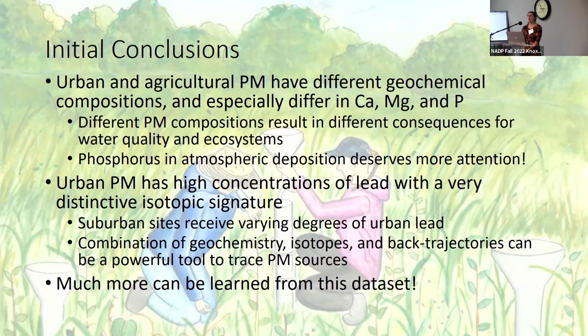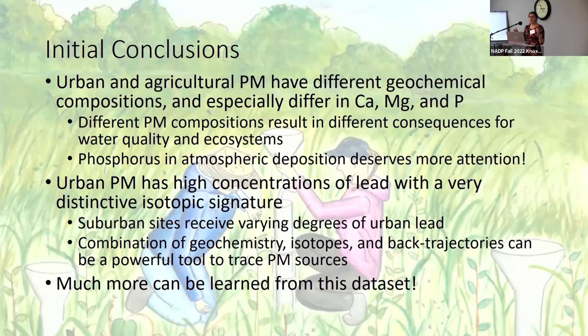So we ended up choosing these sites really through this partnership with the metro parks, in that there were sites that followed this gradient, and so all of the sites are located in metro parks. What that means is that the collectors are not right adjacent to a road, for instance.